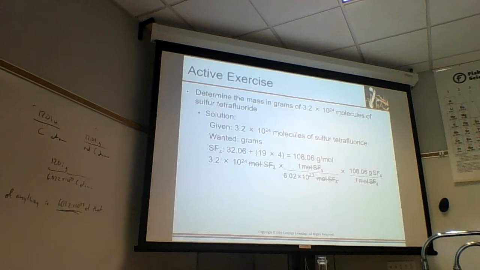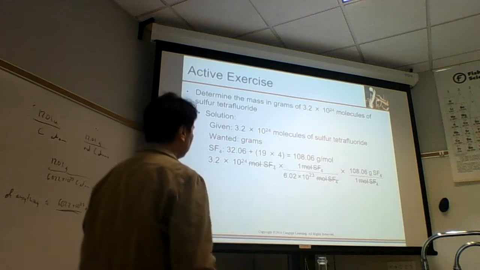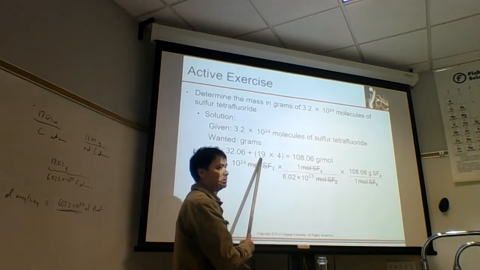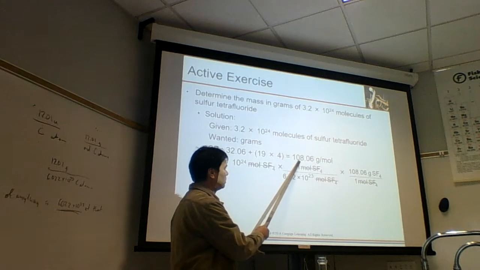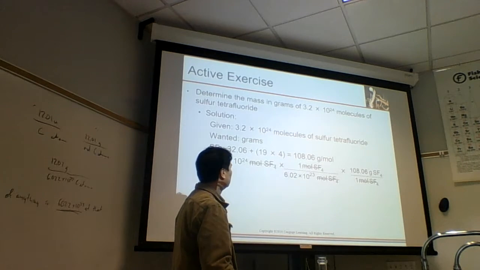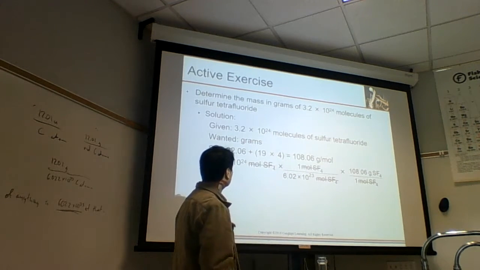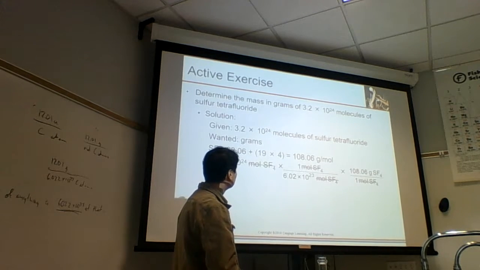Actually, I see a couple of errors. One error is they got the fluorine mass at just 2 sig figs. It's wrong, and this should be rounded to 3 sig figs. So that's one error. What's another error?